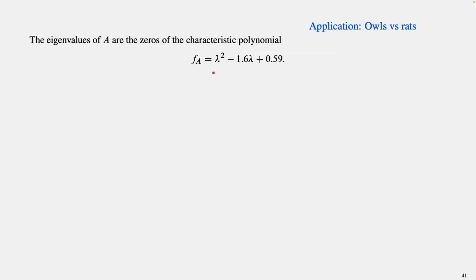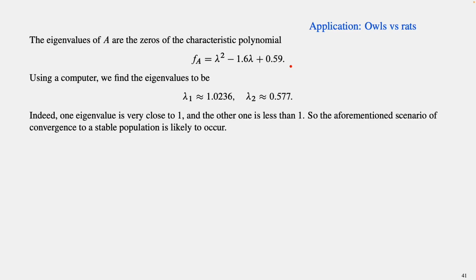So for our concrete model, let's try this out. The characteristic polynomial for the values that we picked for the matrix A is lambda squared minus 1.6 times lambda plus 0.59. You can check this by hand. Maybe a bit more difficult to check by hand is actually computing the eigenvalues, so I used a computer for that.